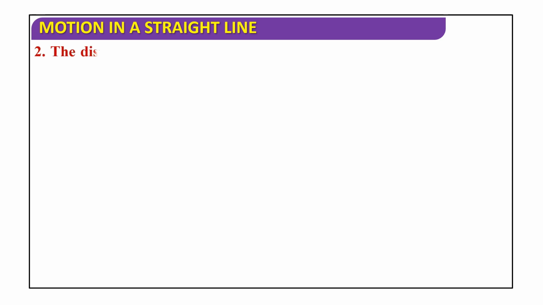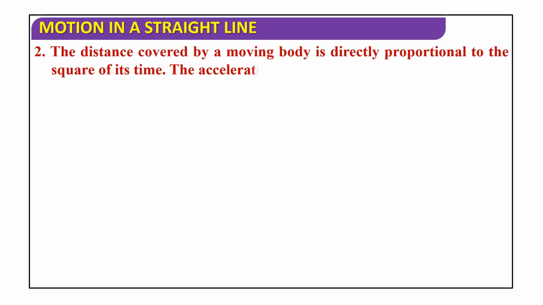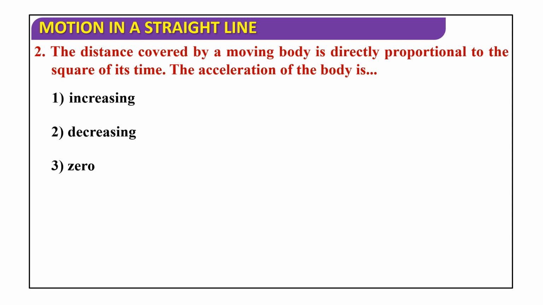Next, the second one: if the distance covered by a moving body is directly proportional to the square of its time, then the acceleration of the body is increasing, decreasing, zero, or constant? When the distance covered by a moving body is directly proportional to the square of its time, the acceleration of the body is constant.